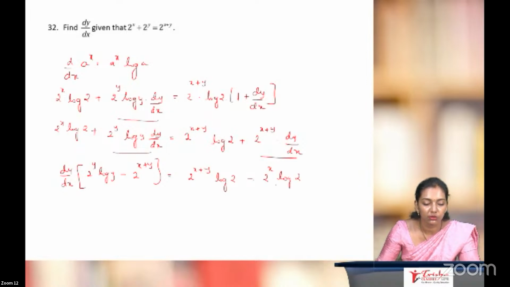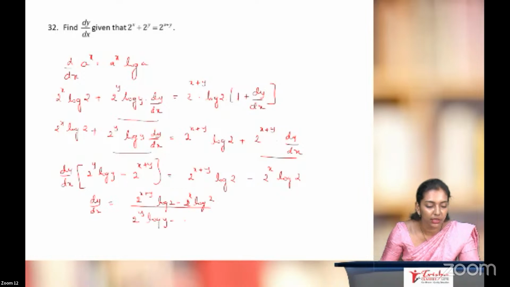So dy by dx equals 2 to the power x plus y log 2 minus 2 to the power x log 2, divided by 2 to the power y log 2 minus 2 to the power x plus y log 2.